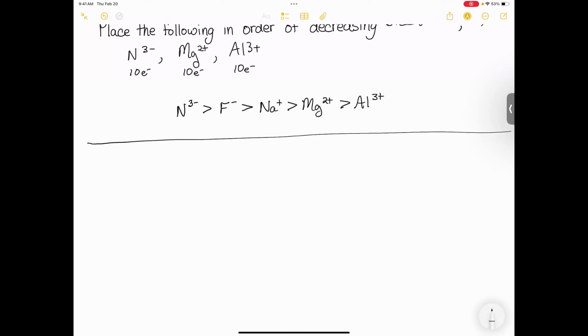We talked about some of the various properties that can be determined using the electron configuration, such as being able to recognize whether something is in its ground state or if it's in its excited state, whether it is paramagnetic or diamagnetic.